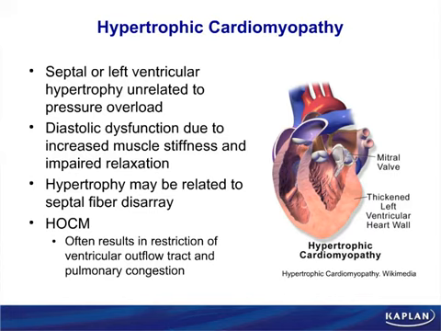And so there's a restriction in the ability to eject blood. So that's what's meant by hypertrophic obstructive cardiomyopathy. There's a restriction in ventricular outflow tract, particularly like aorta. Yeah, aorta is one of our ventricular outflow tracts.